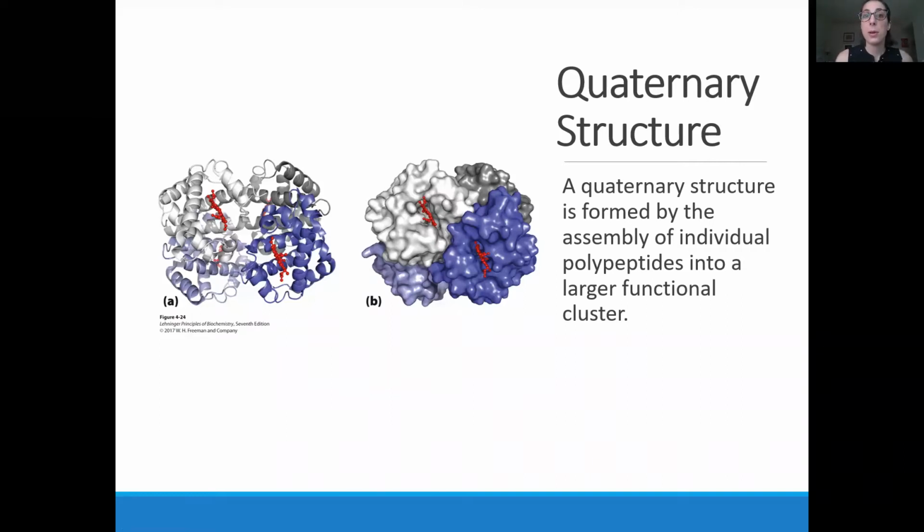We talked about primary structure, which is just the sequence of amino acids. We talked about secondary structure, which are hydrogen bond formations that lead to patches of areas called alpha helices or beta sheets.